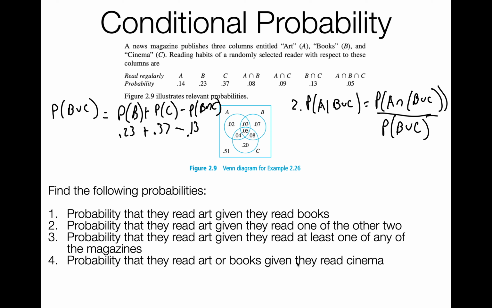So 0.23 plus 0.37 is 0.6, and 0.6 minus 0.13 is 0.47. So we know that the bottom is 0.47.